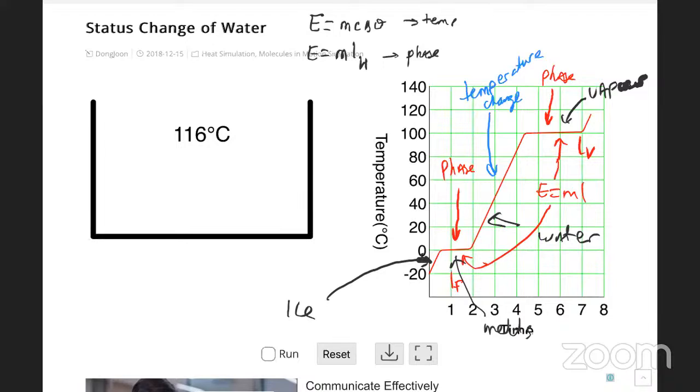All right, let's get into some numbers here. So first one, right? We're doing some small calculations here. I'll give you the mass of ice. Mass of ice is 5 grams.